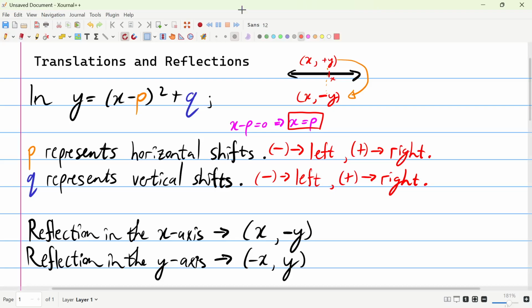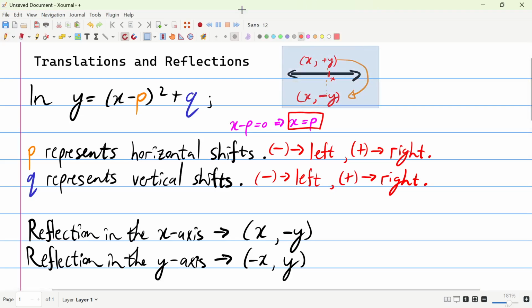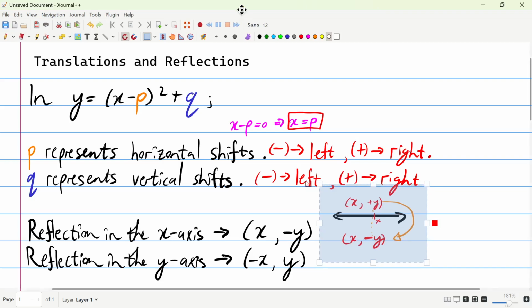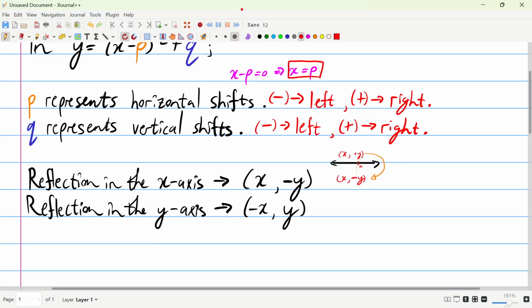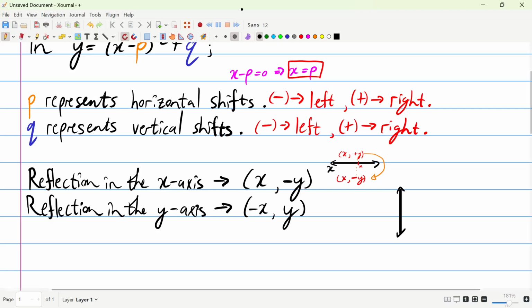So we can just shift this over here for this part of the understanding. Okay. And if we look at the one underneath it, notice that the reflection in the y-axis indicates that the only thing that changes is x. And that makes sense because now we are going to do this. So this was obviously the x-axis, best to say that.